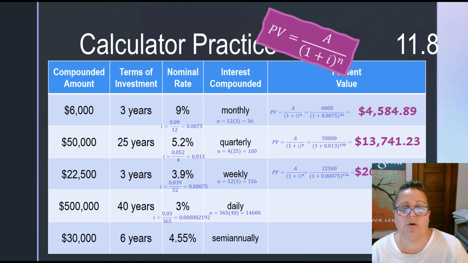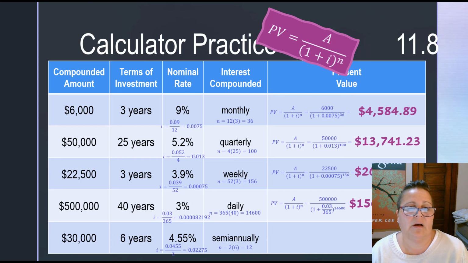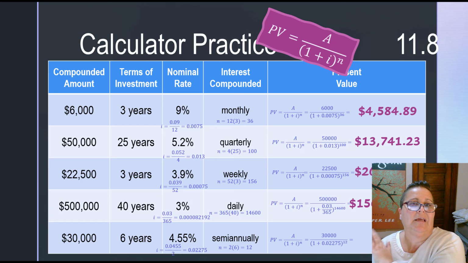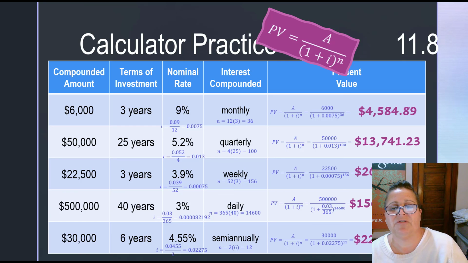Sometimes when these numbers don't work out very well, when you get a lot of zeros in front of it, or when it doesn't divide out and terminate, it's actually better to type it into your calculator just as 0.03 divided by 365. That would be an absolutely fine way to type it into your calculator, and that would not cause an issue at all. All right, so I'm going to leave you here with this last one. I am, of course, blocking the answer, but you should get $22,902.74.